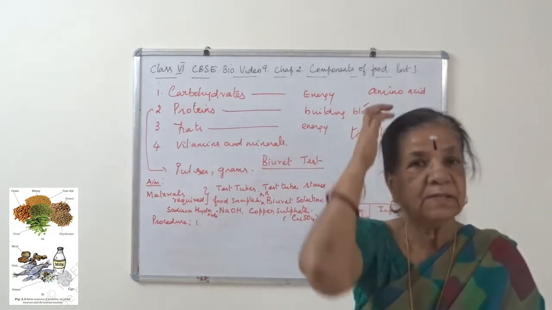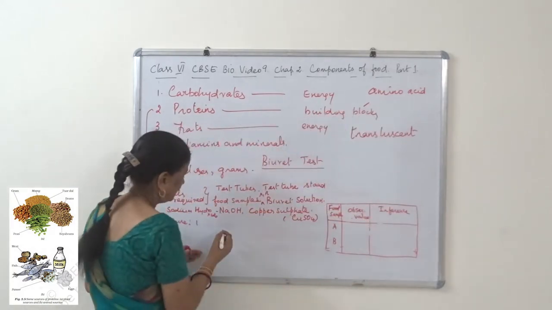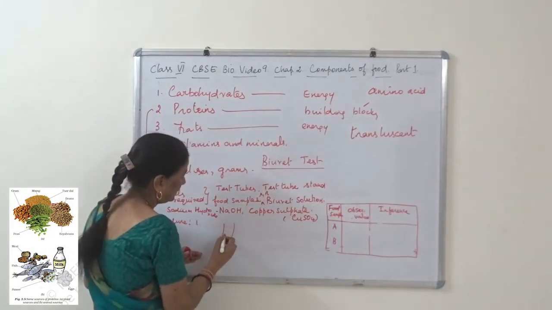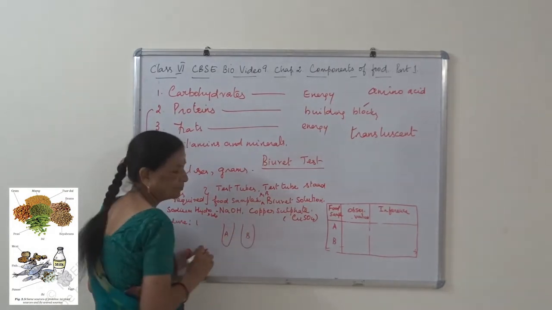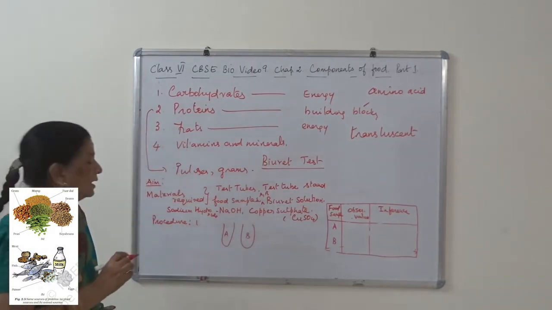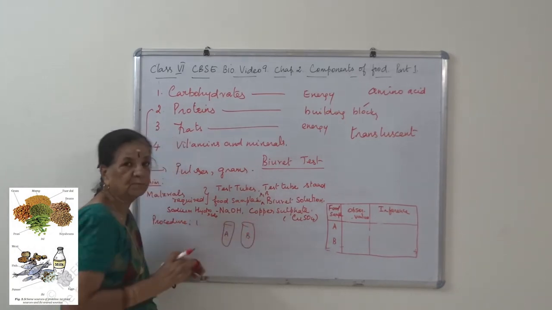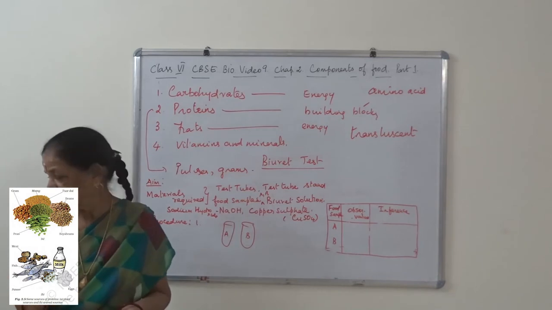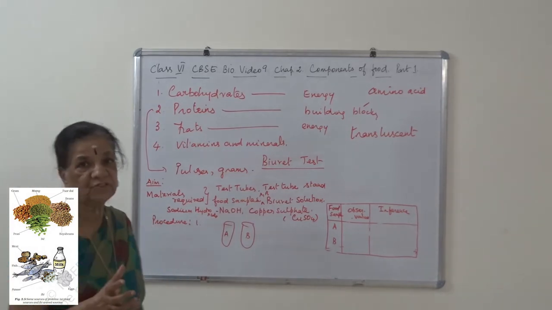That sample I will take in test tube B. Alright, so this is sample A and sample B. And these test tubes you will keep in the test tube stand.